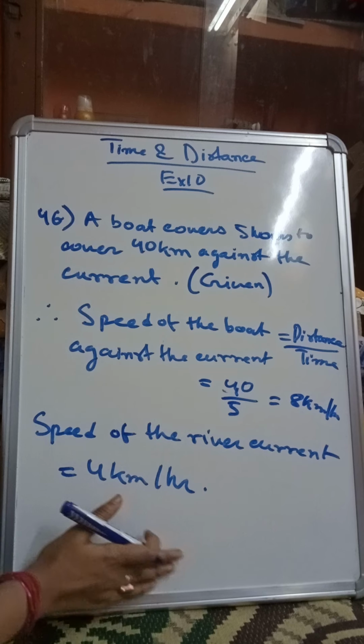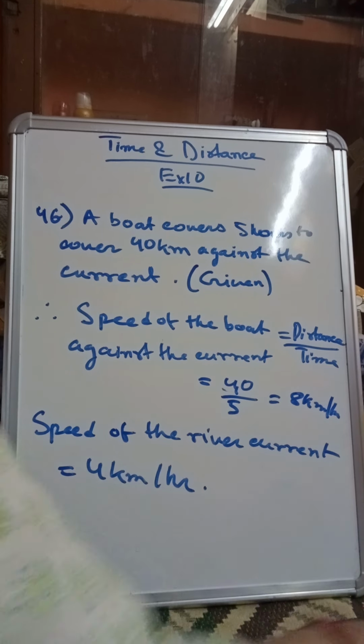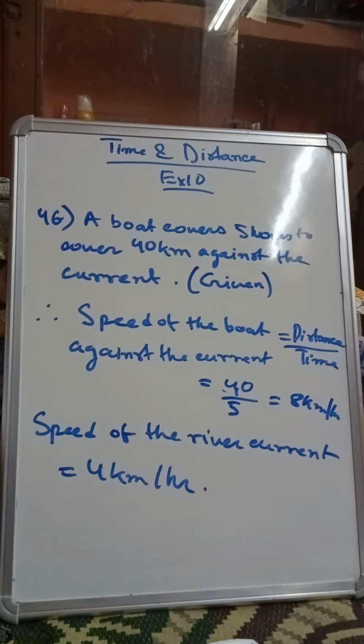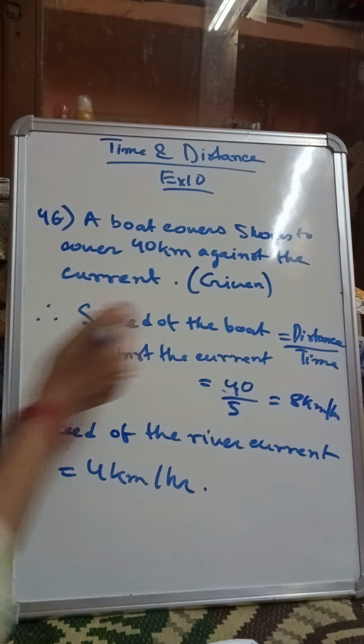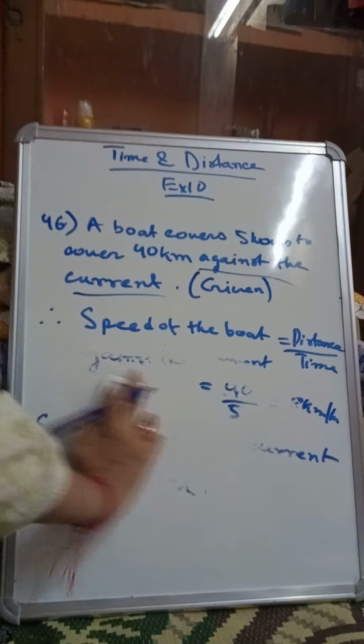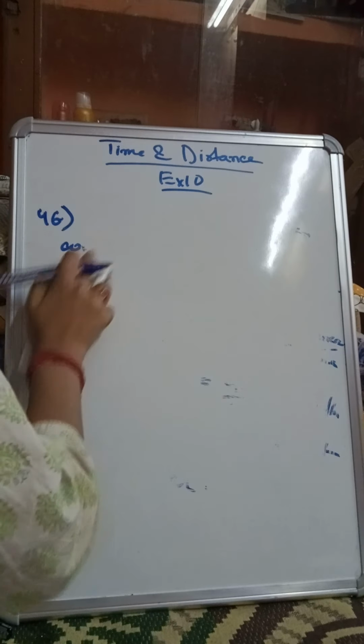Up to this we have done. After that, we have been asked to find the actual speed, that is the speed of the boat in still water, when it is moving against the current. So again we will write the formula.